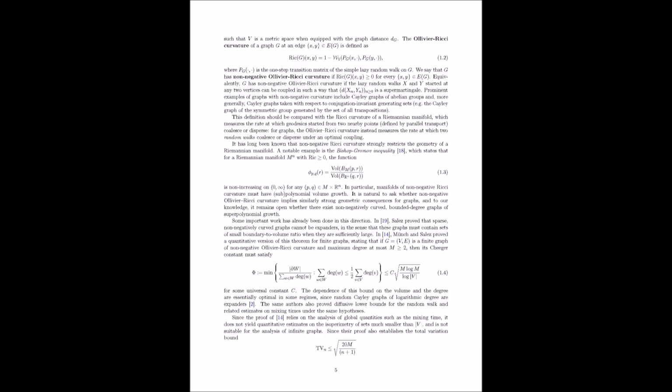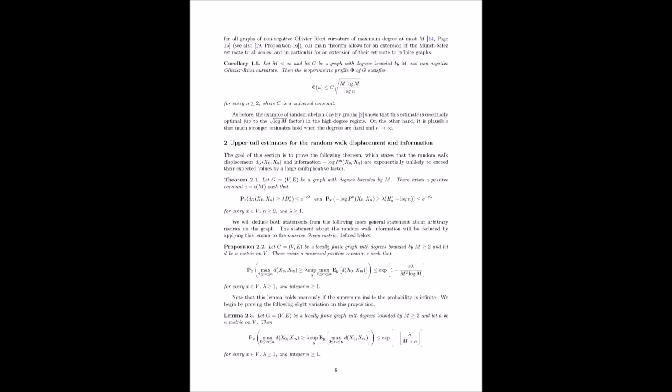Exactly. That curvature captured by the non-negative Ollivier-Ricci condition puts a constraint on how tightly the graph can be packed. What makes Corollary 1.5 so powerful is that this bound holds for sets of all sizes within the graph. It's not just for really large sets or sets of a specific volume. So it's giving us a multi-scale understanding of the isoperimetry.